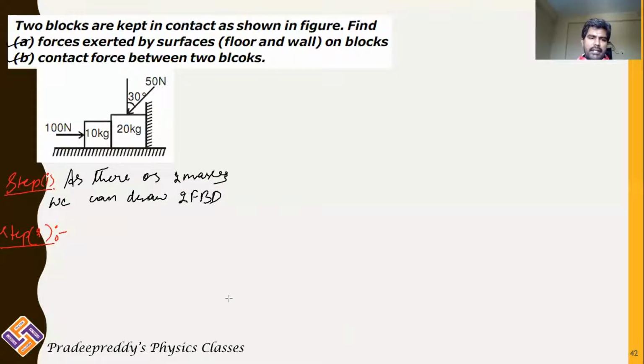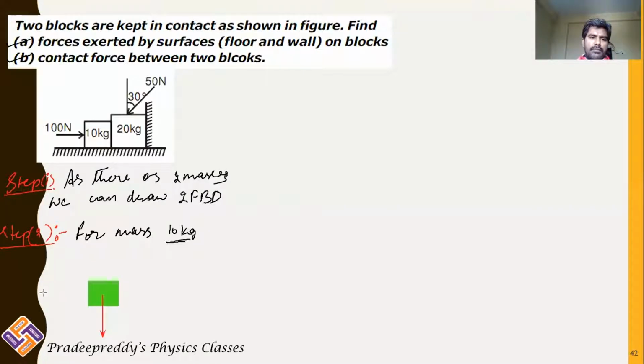For mass 10 kg, upon this 10 kg, how many forces are acting? I need to mark them. This 10 kg experiences gravitational force in the downward direction.